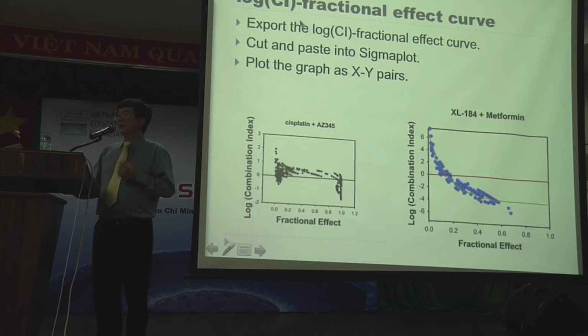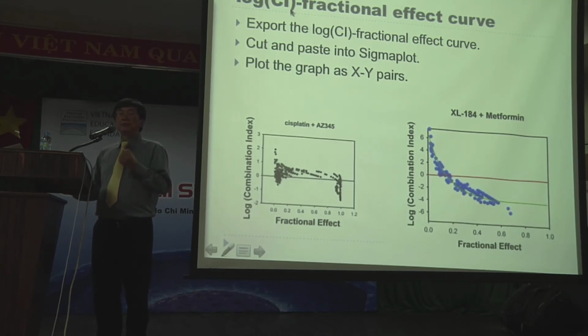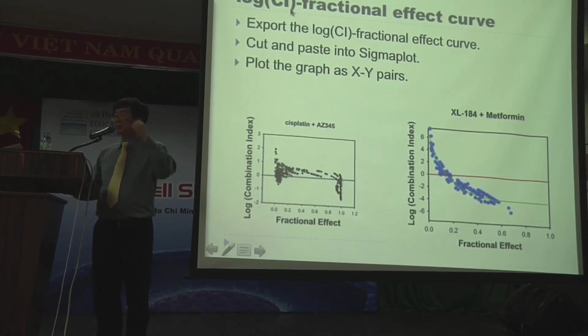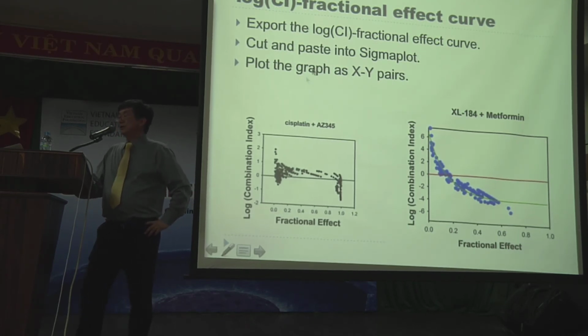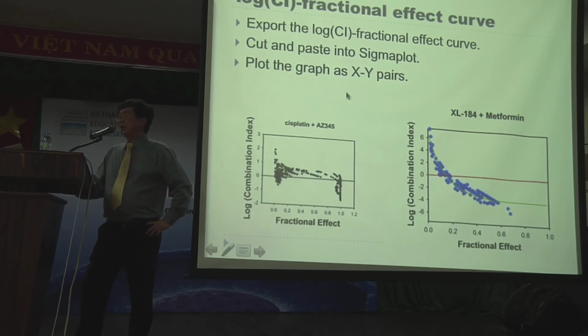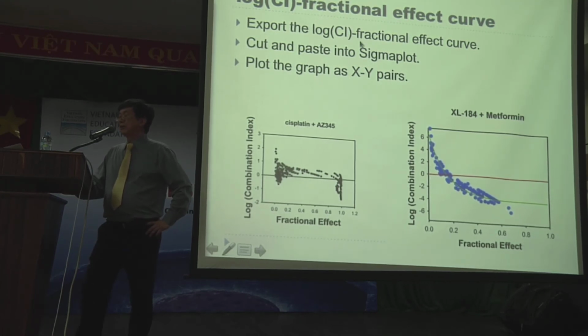The program CompuSyn or CalcuSyn basically calculates what's called the combination index, the CI. A combination index greater than 1, or a logarithm of the combination index above 0, indicates antagonism.